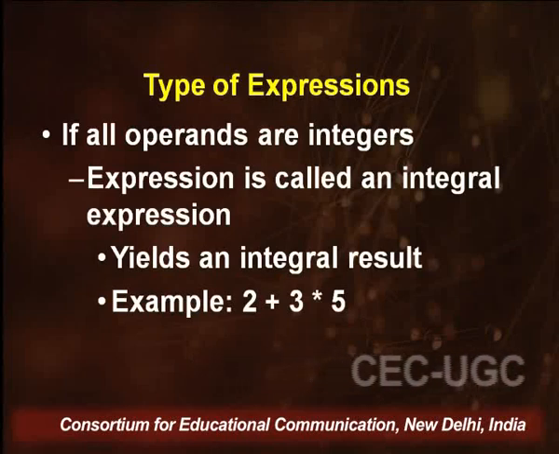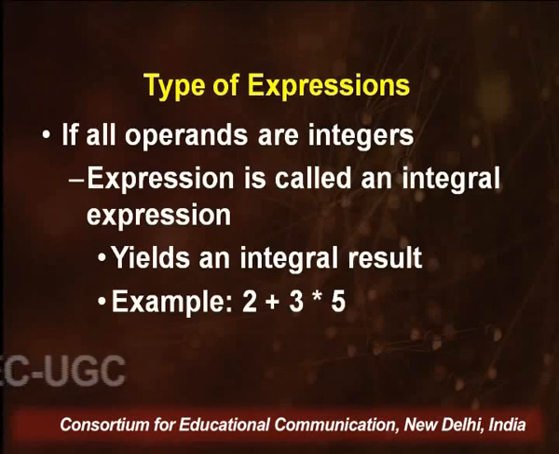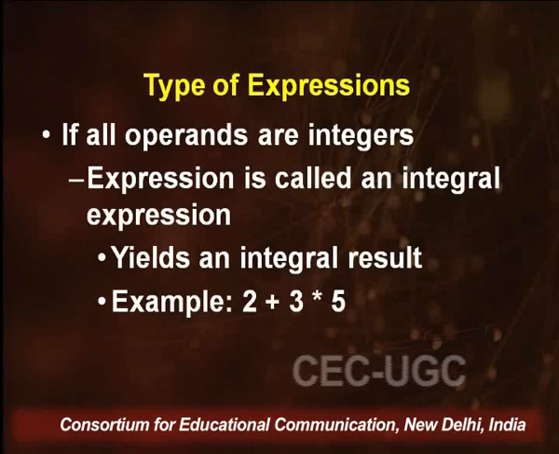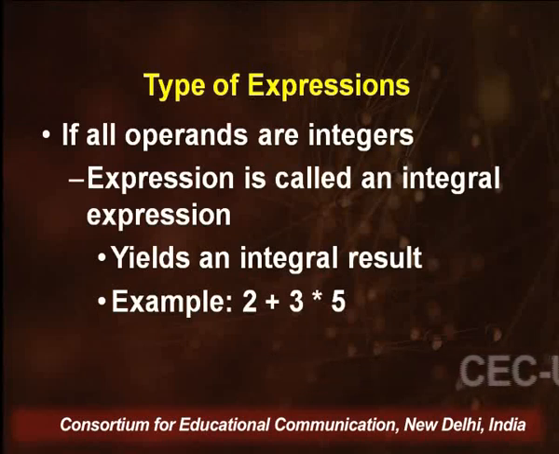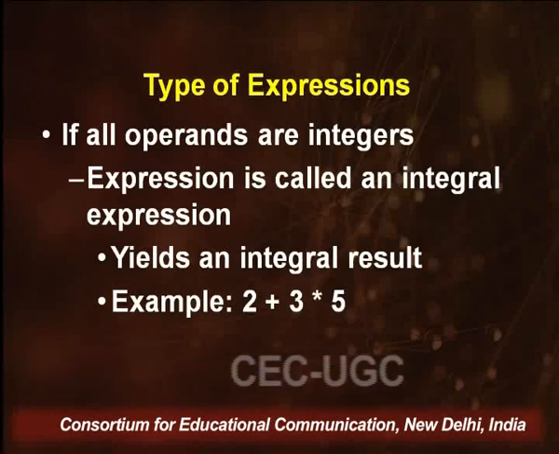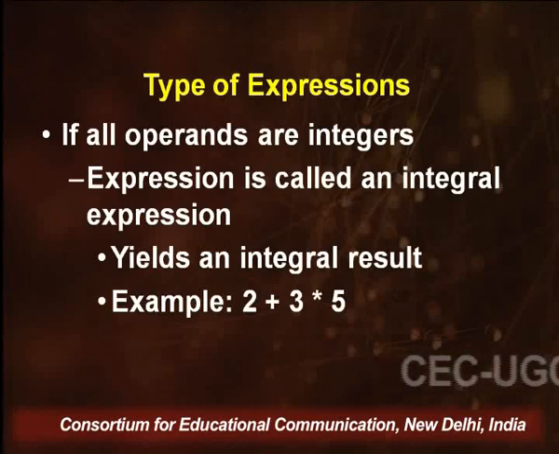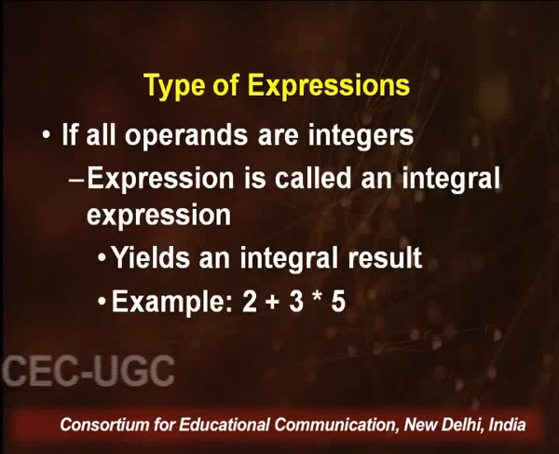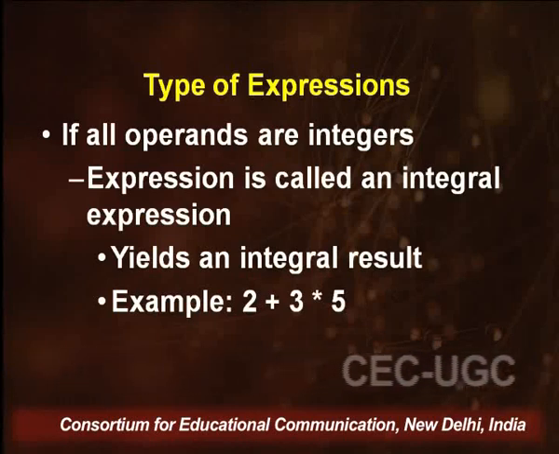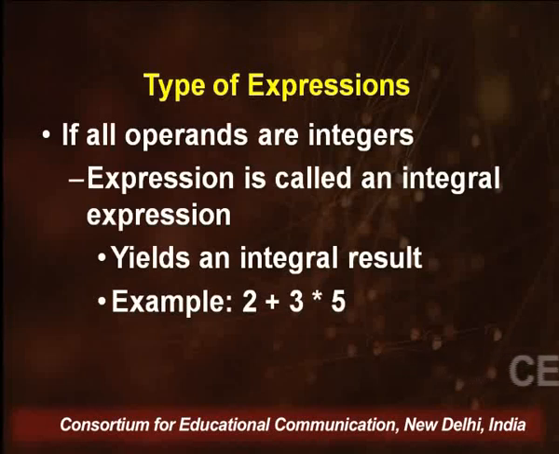Now coming to the types of expression. An expression could be of a single type or of a mixed type, depending upon what kind of operands it is operating upon. If all the operands are integers, the expression is called an integral expression, and as all the operands are integers, it will yield an output of type integer.